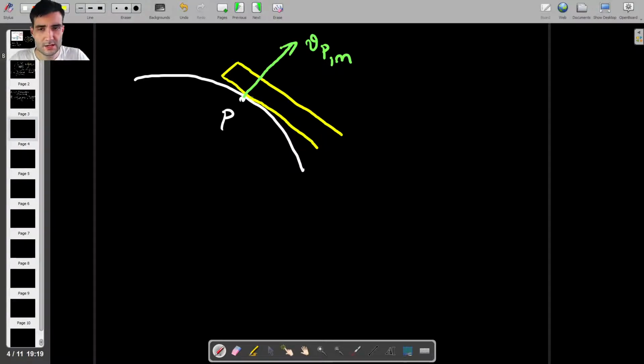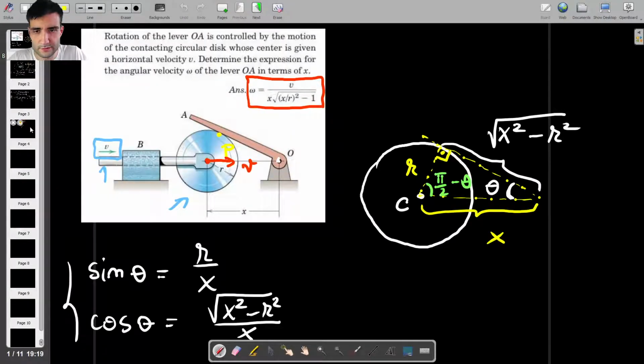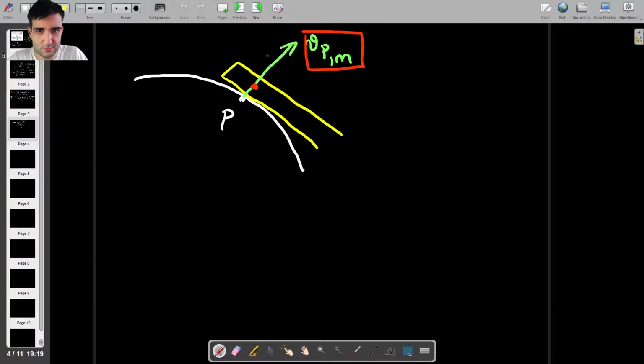In other words, the velocity of the lever at this point is equal to this, right? Let's call this, let's see, so we've got A, B, C. Let's call this point D maybe. So the velocity at point D is equal to the velocity of point C in the normal direction.